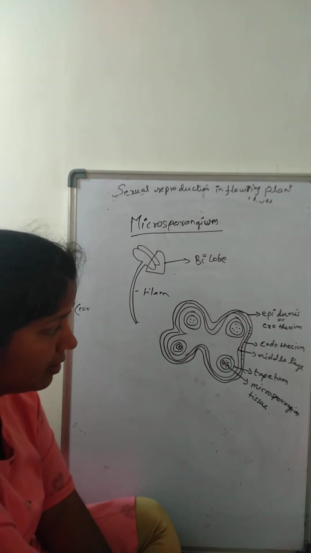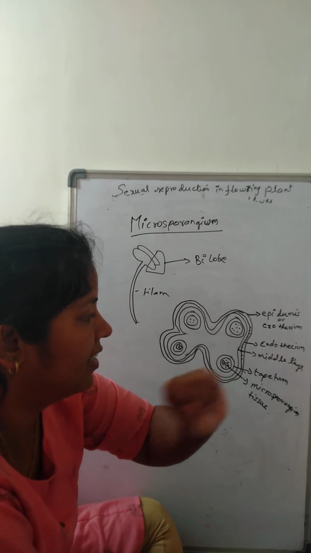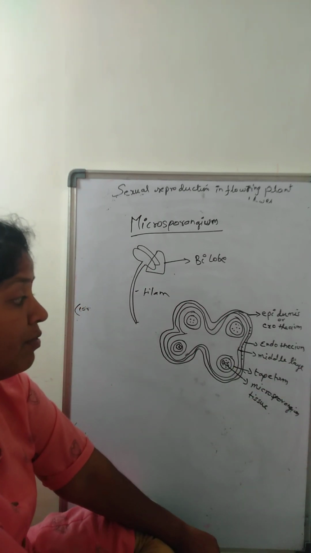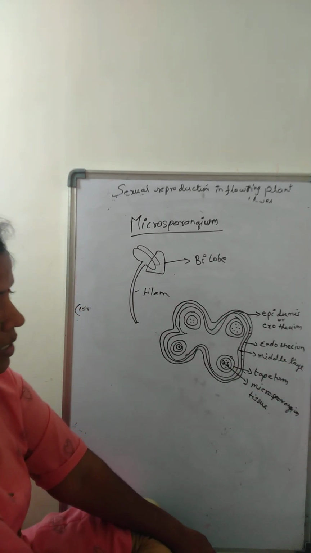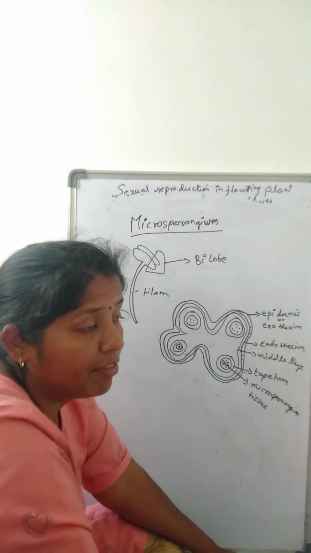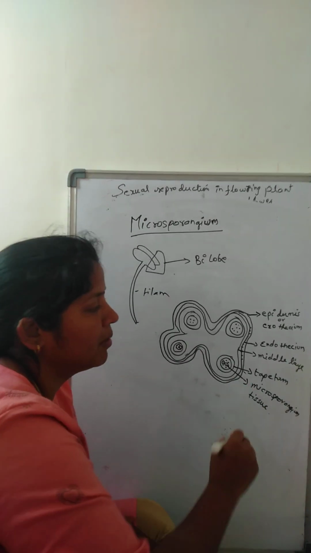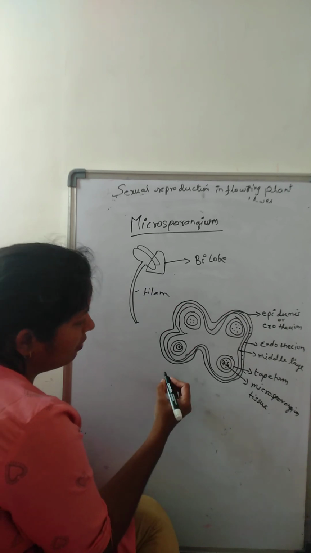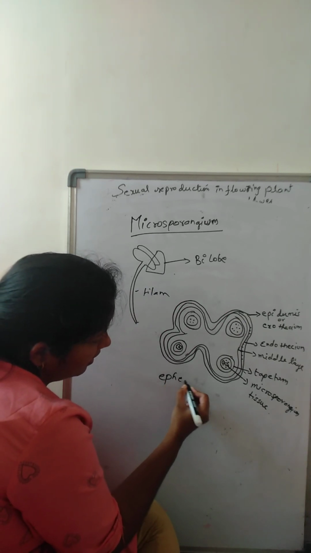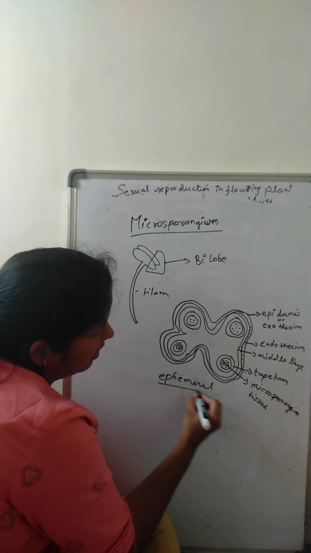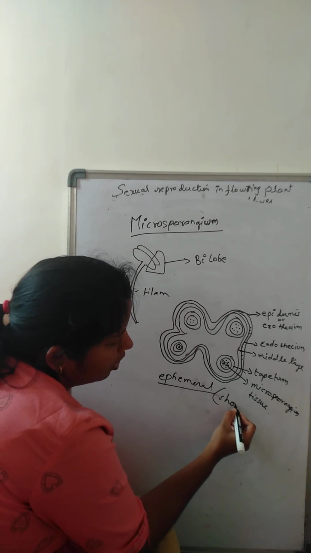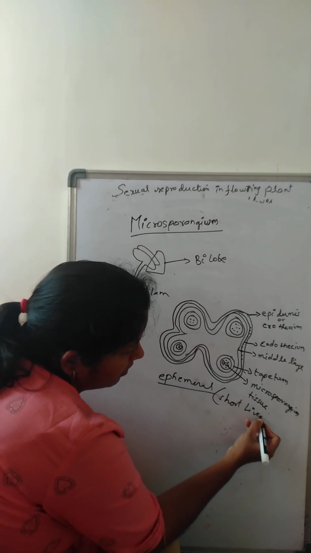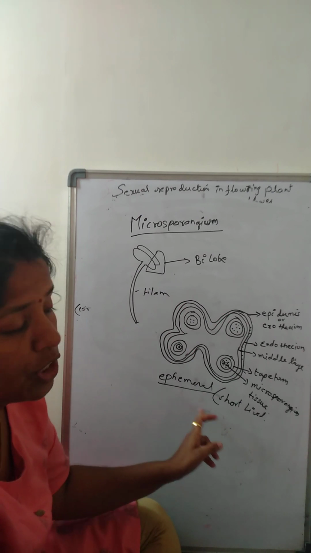You all understand? Now the middle layer. What is the function of the middle layer? The middle layer is ephemeral in nature. What is the meaning of ephemeral? Ephemeral means short-lived.